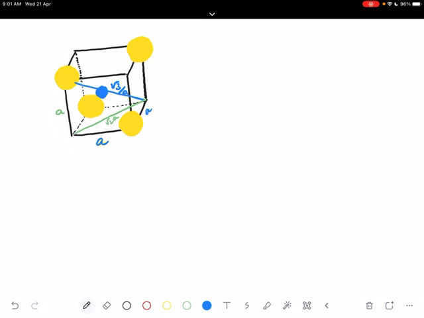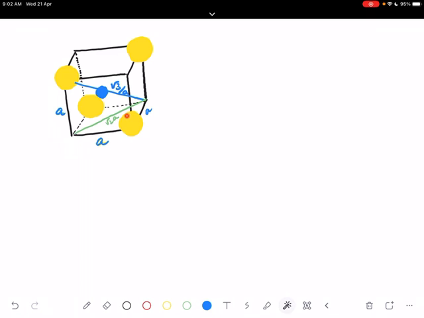So edge length is A. The length of that green line is root 2A. You can consider this a Pythagoras triangle, with this A and this A, so this green line is root 2A.